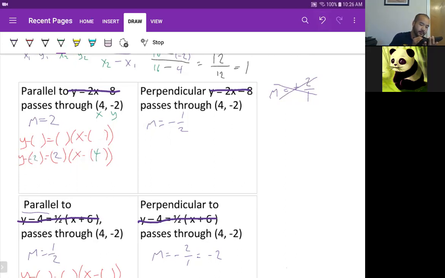Negative 2. All right, now you can just write it and be done. Negative and negative here make positive, so y plus 2 equals 2x minus 4. That's the equation in point-slope form.